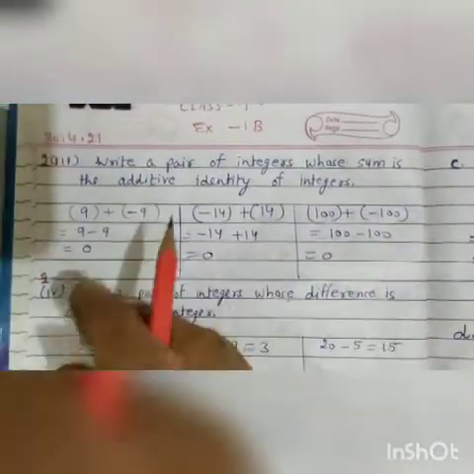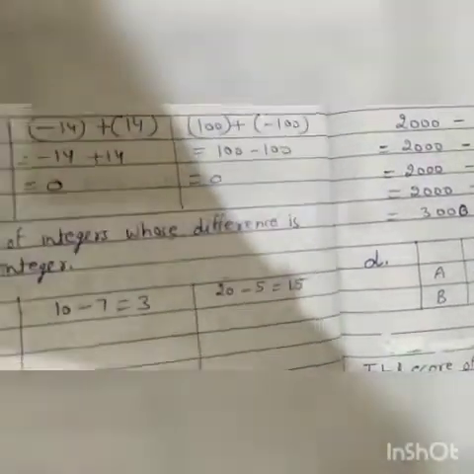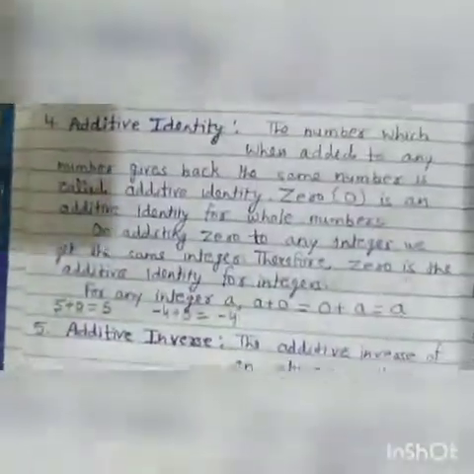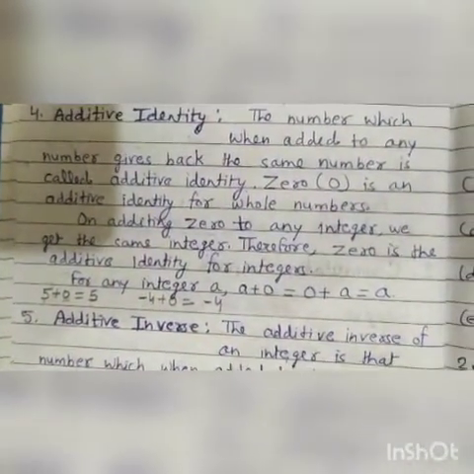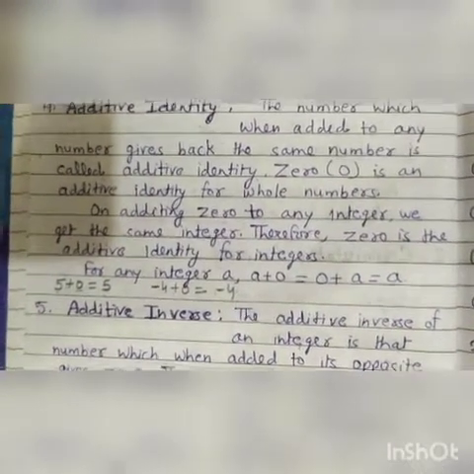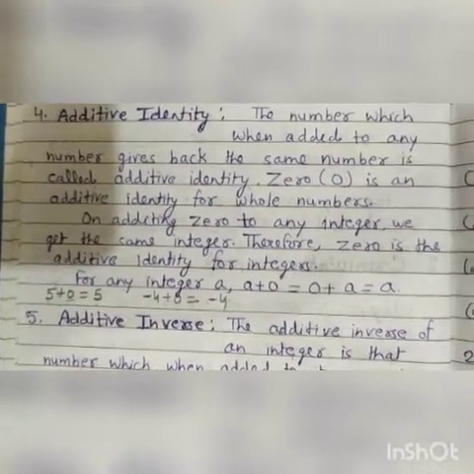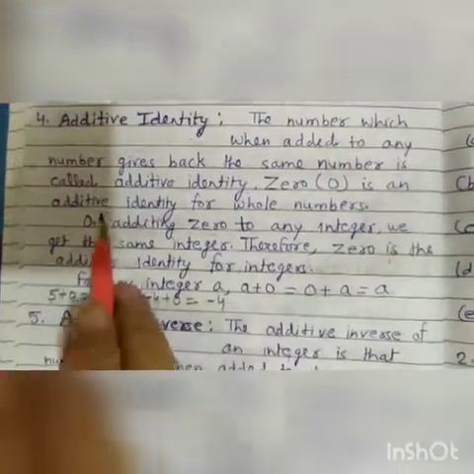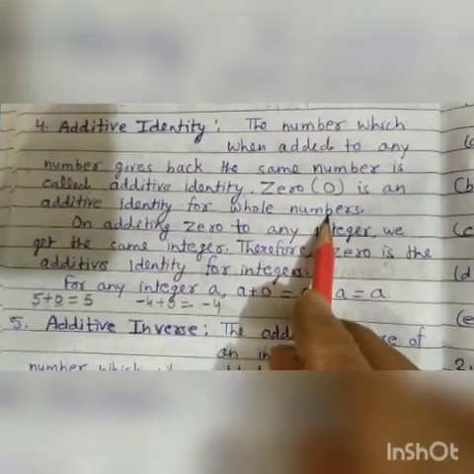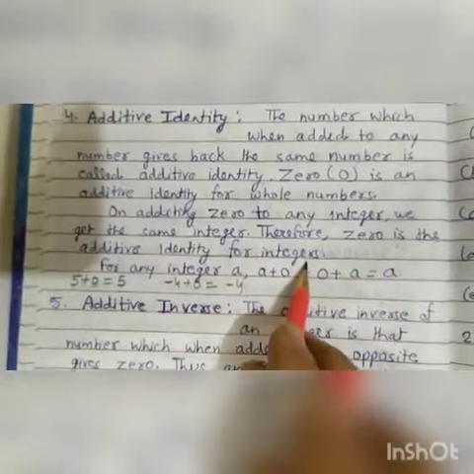So students, in the previous class I explained about the additive identity. See here. This is the additive identity. The number which when added to any number gives back the same number is called additive identity. 0 is an additive identity for whole numbers. 0 is the additive identity for integers also.